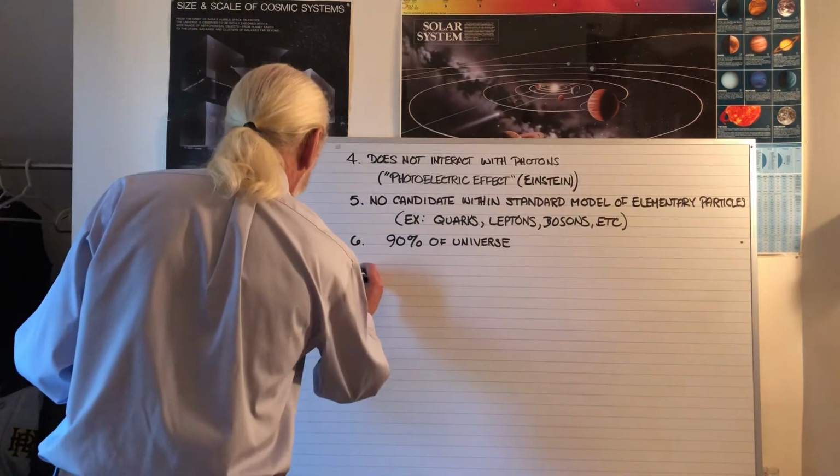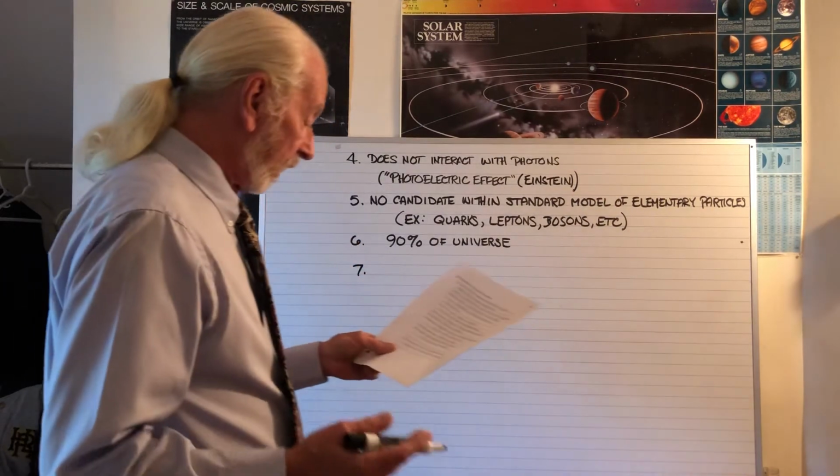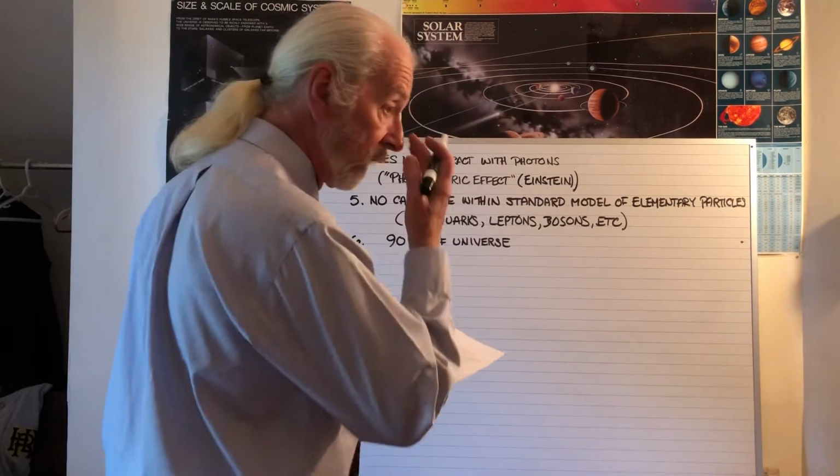So now, number 7, Rubin's calculations coincide with this 90% figure.